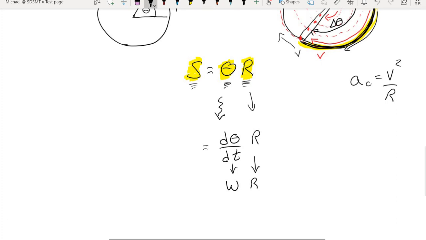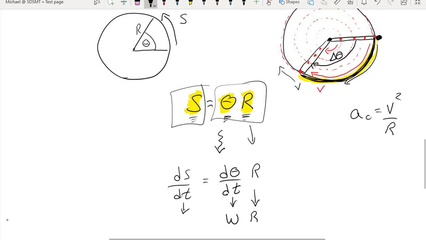And so what that means is, first rule of algebra, what you do to one side you do to the other. Well, I've hit one side of the equation with a derivative, so I should hit the other side with the derivative as well. But here's the really interesting part. This whole time, S was the arc length.